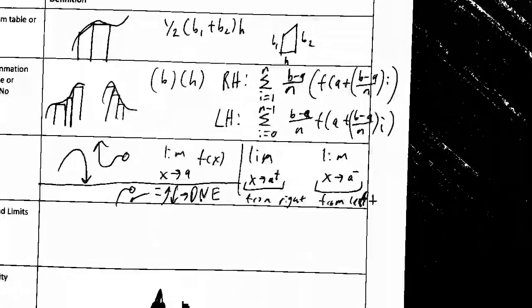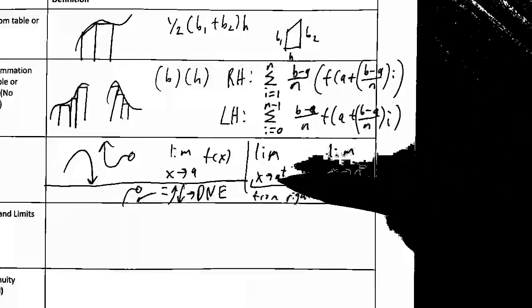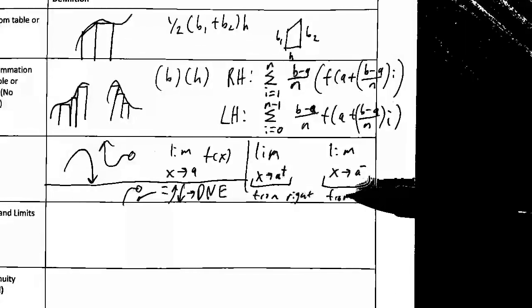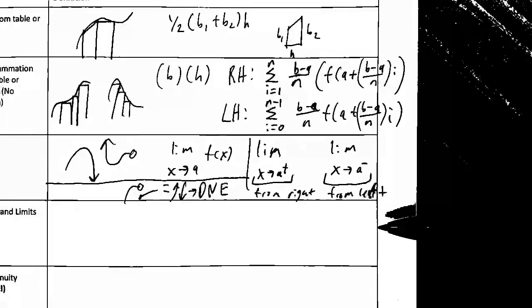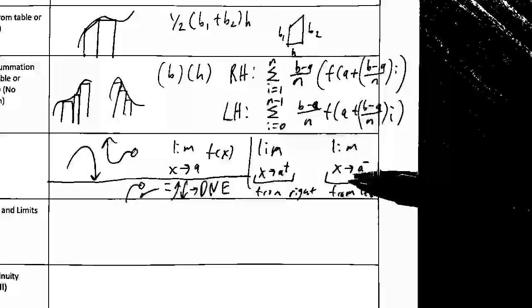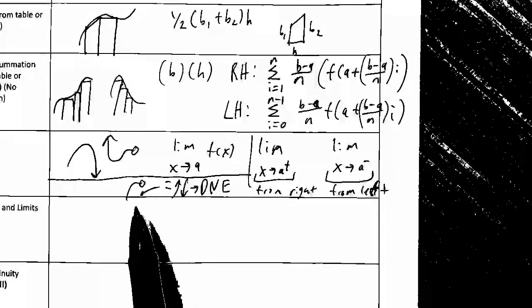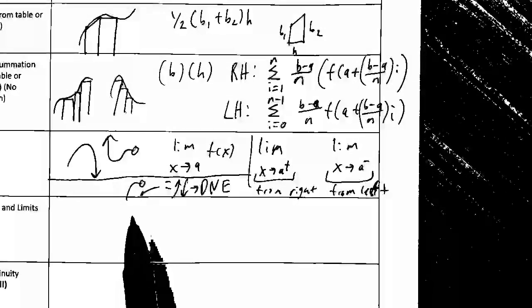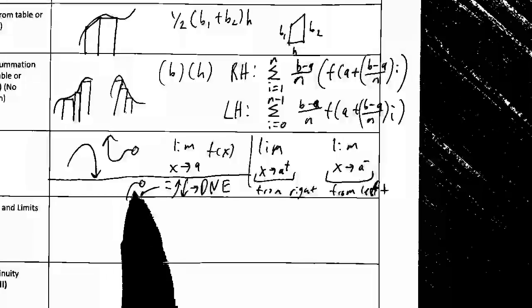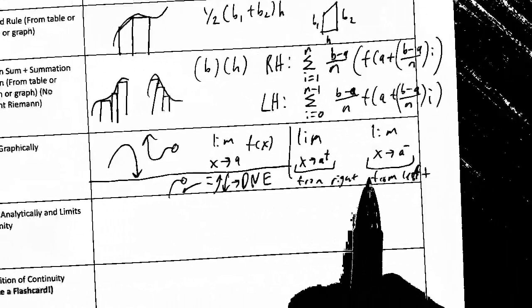But that can only be for the limit as x goes to a, not to the left or the right. Limits from the right and the left generally always exist, unless they're going to infinity or negative infinity, in which case you can say they don't exist. But in general, going from the right or the left, they should either be infinity, negative infinity, or some number. It's limits to a single point from both sides that genuinely do not exist, like in this situation, and this situation too.